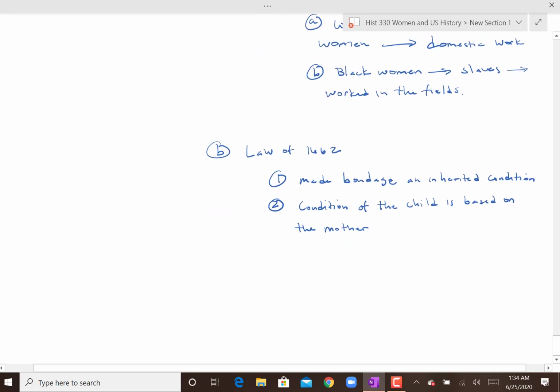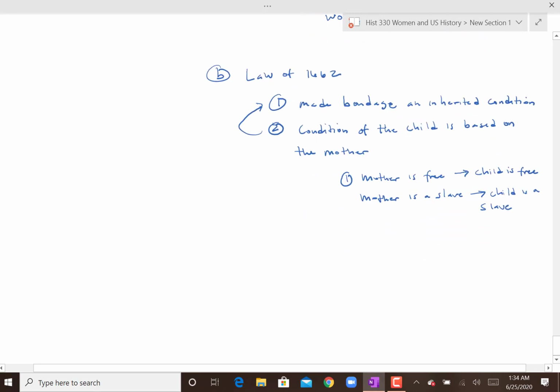Right, so this is significant for several reasons. One of the things that it establishes is that if the mother is free, the child is free. If the mother is a slave, the child is a slave. So it sets up the conditions for how it's inherited.